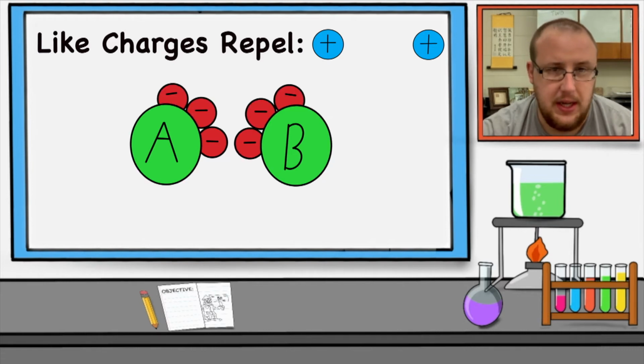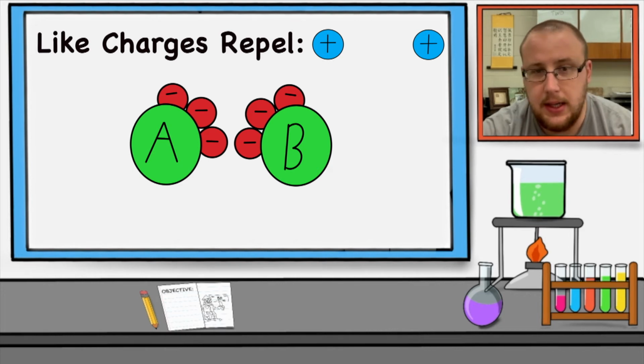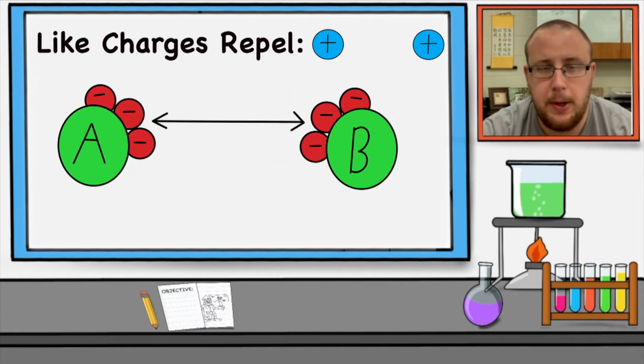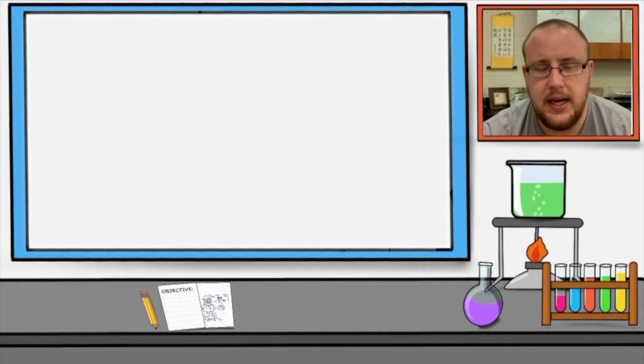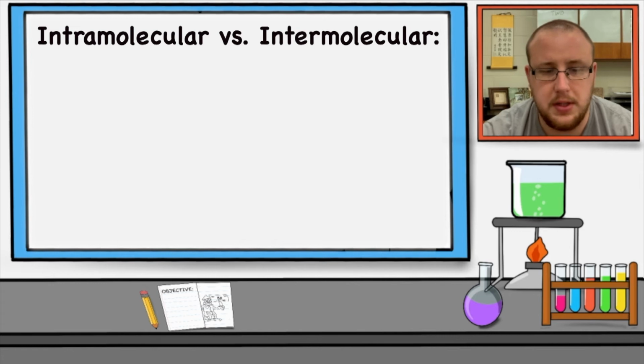If object A has 3 negative charges and object B has 3 negative charges, that repulsion is going to be really strong because there's more negative charges as opposed to if there's just 1 negative charge on each object.